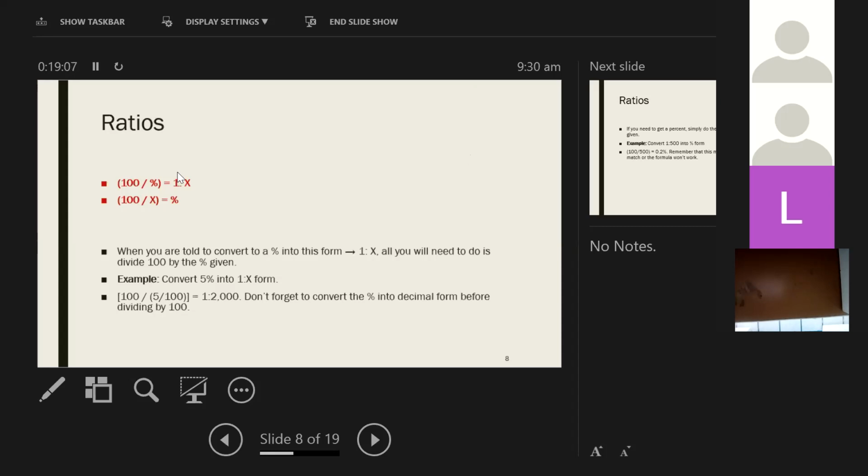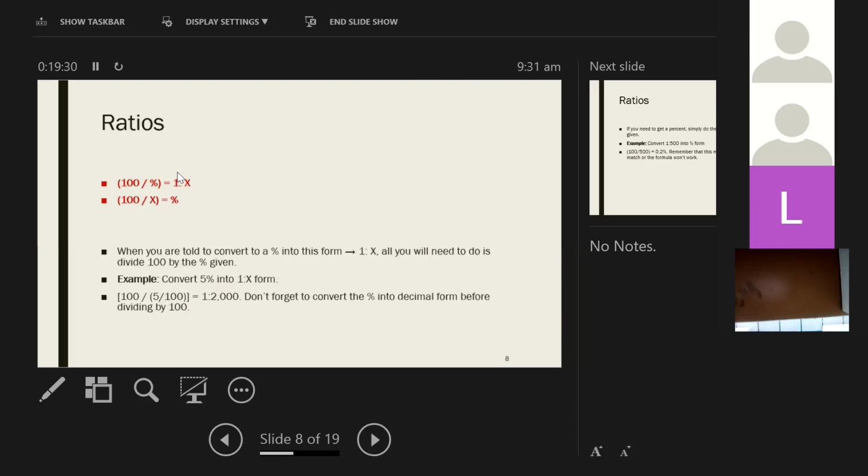When you are told to convert a percentage into the form 1 to the ratio of x, all you need to do is divide 100 by the percentage that you have been given.